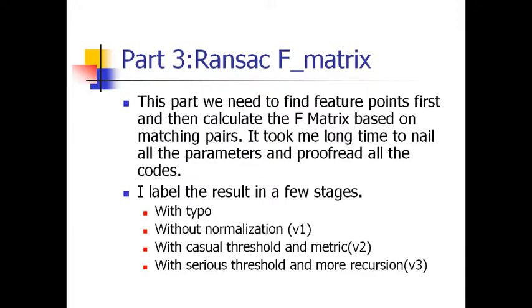We also compare the effect of normalization and no normalization in version 1 and version 2, and we have version 3 specifically for the last image, which has a lot of difficulty because there are so many similar features at different points, specifically all the windows, because all the windows look exactly the same, and sometimes the algorithm will confuse which window corresponds to which window.